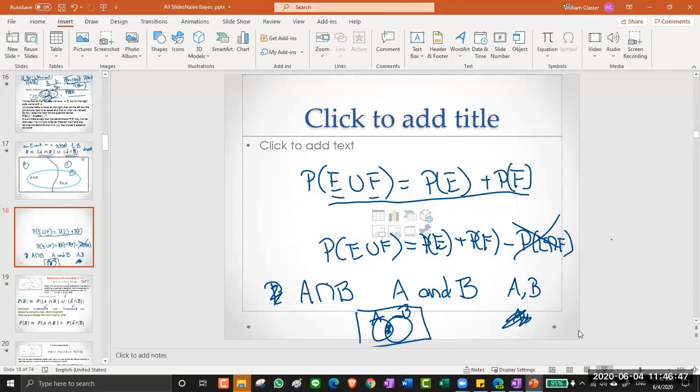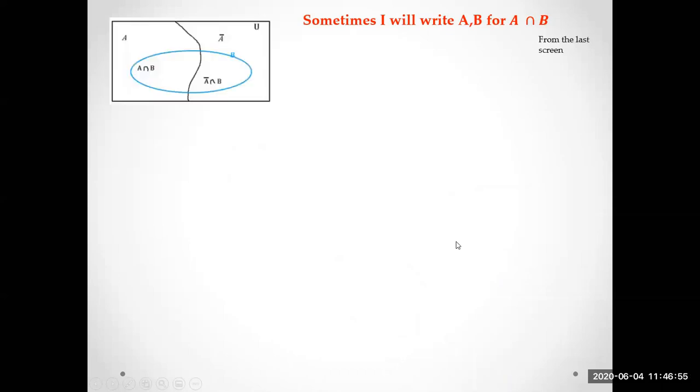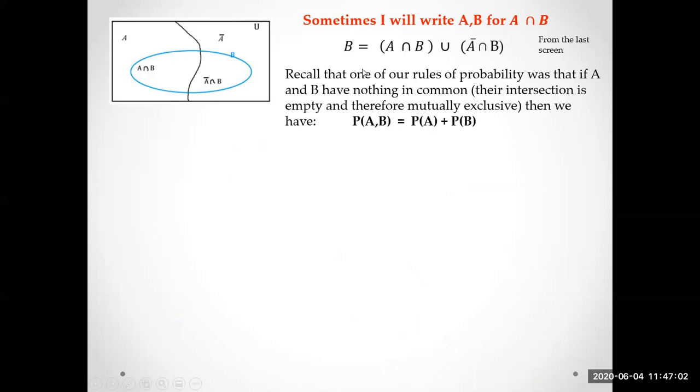Okay, so let's go on. Sometimes we'll write A comma B for A intersect B, or A and B. So we had this picture before. Recall that one of our rules of probability was that if A and B have nothing in common, that is, their intersection is empty, and therefore they're mutually exclusive, then the probability of A comma B, or probability of A intersect B, is equal to the probability of A plus probability of B. Everyone get that?